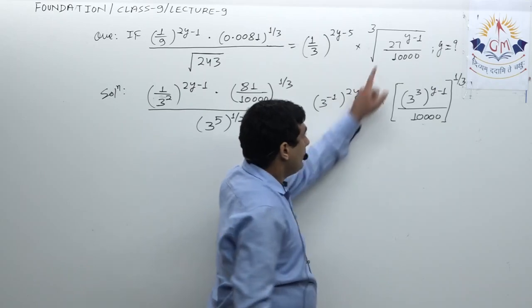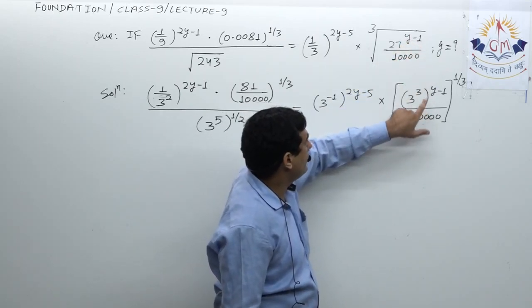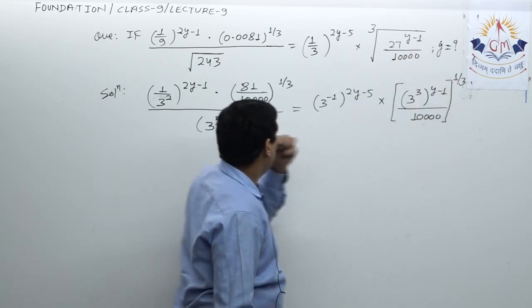Okay, 27 is 3 cube, y minus 1 as it is, 10,000 as it is, whole raised to 1 by 3.